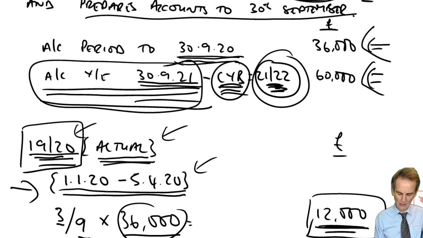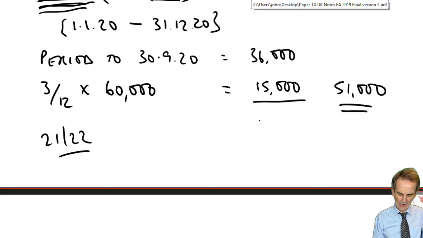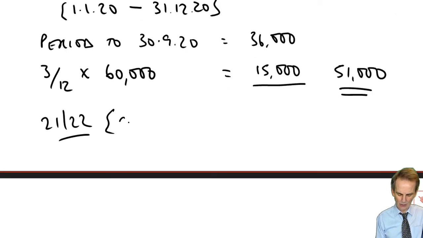The year ended 30th September 21. Only when you have a year end can you use CYB. When would it be usable? From 21-22. So we're now in that 21-22 tax year.